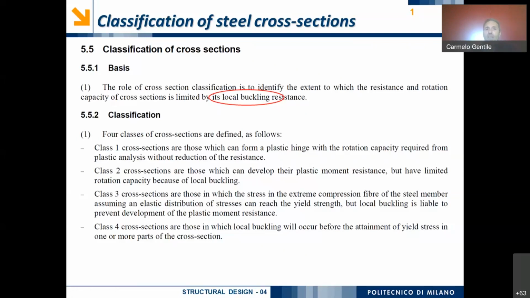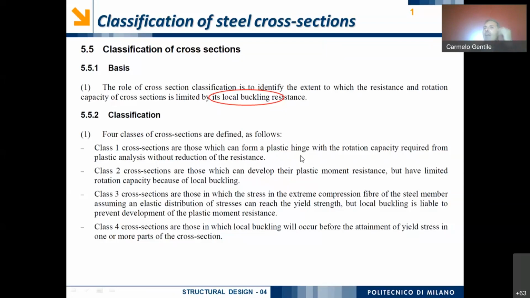For example, class 1 cross-sections are those which can form a plastic hinge with the rotation capacity required from plastic analysis without any reduction of the resistance. So class 1 cross-sections are the ones for which it's possible to obtain the fully plastic bending moment, and we have also a full capacity of rotation.